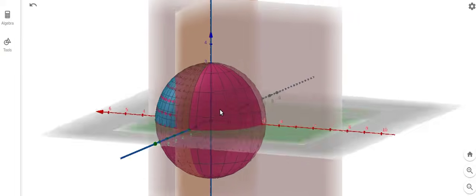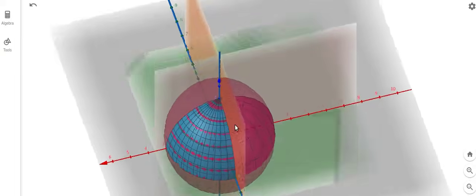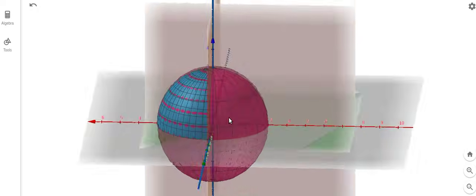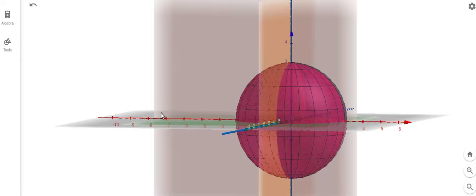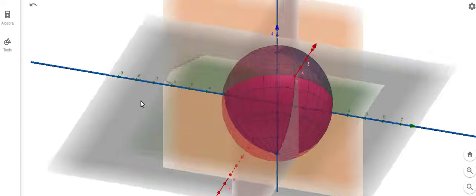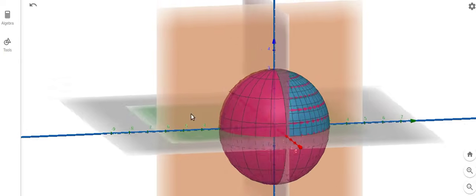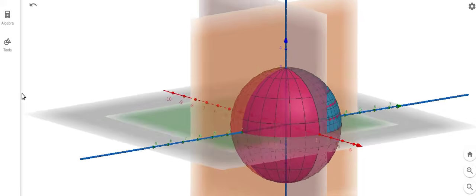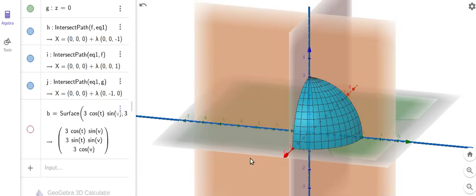We are cutting the sphere into 8 parts: 1, 2, 3, 4 on the top, and similarly 4 on the bottom. And they have clearly given the surfaces. I have removed the rest, so you have to understand, this is our surface.